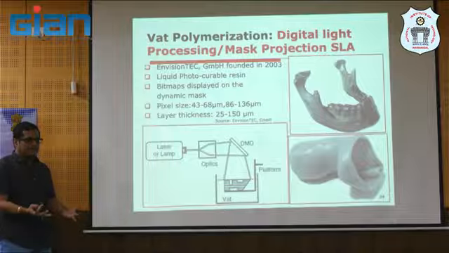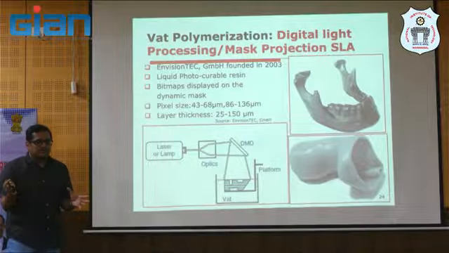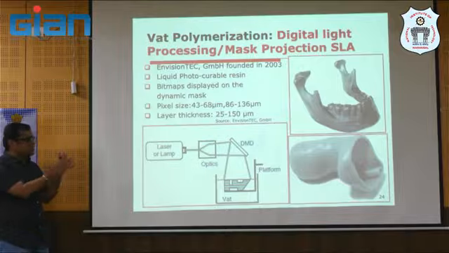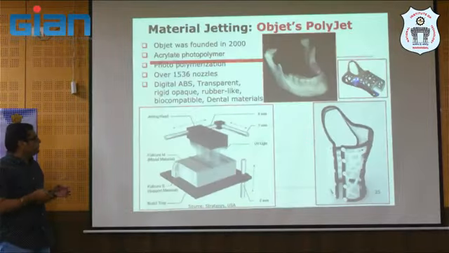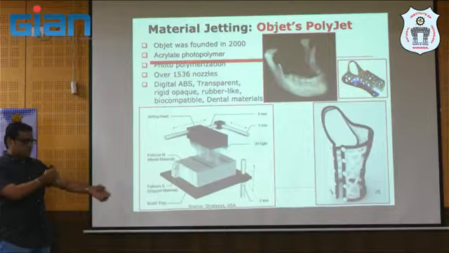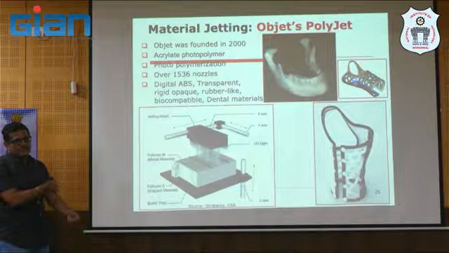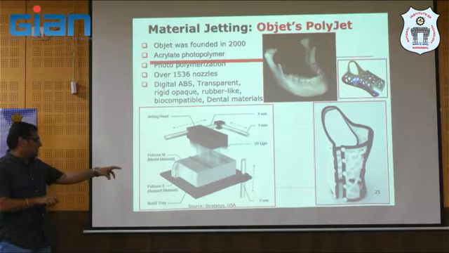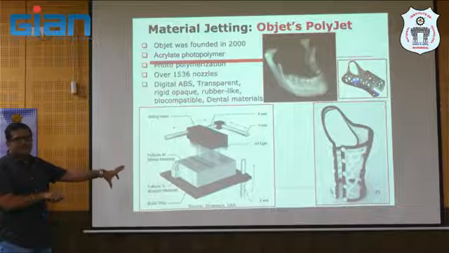The entire layer can be exposed at once and it will get cured, right? It's much faster than the previous one, and again you can get a transparent material here also. And multiple materials, like if you see these wrist splints, the outer one is a flexible material, but where the bone part is, you have a rigid material.